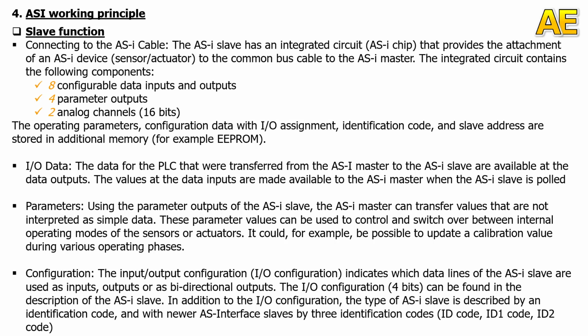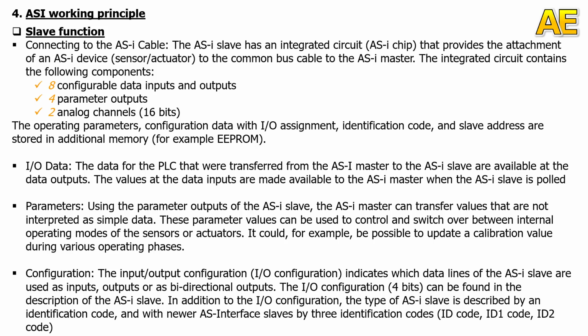In addition to the ASI configuration, the type of ASI slave is described by an identifier code, and with the newer ASI slaves by three identification codes here: ID code, ID1 code, and ID2 code.